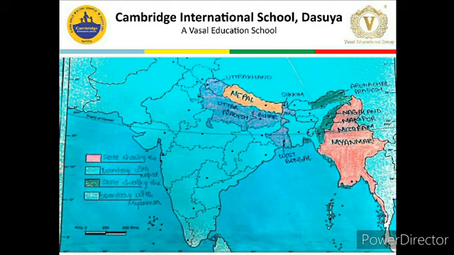On the other hand, you can see Myanmar is shaded with red color, and states sharing borders are highlighted with green color. These are Arunachal Pradesh, Nagaland, Mizoram and Manipur. These 4 states share border with red shaded Myanmar. You can have a look at the map.